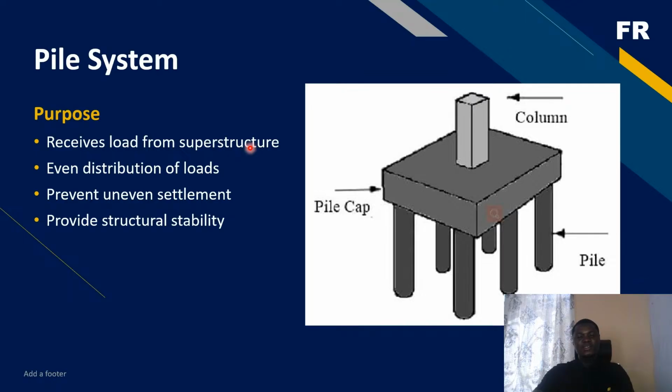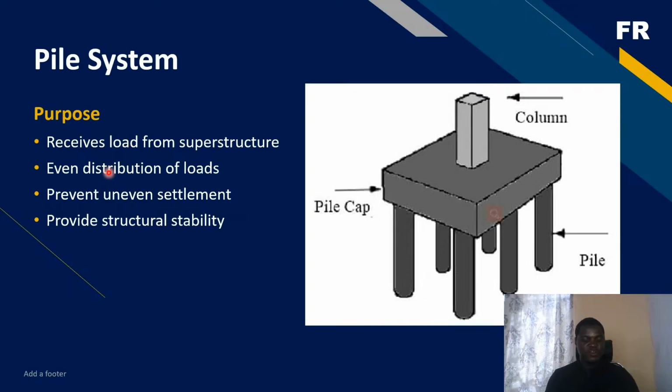So that is the reason why the pile cap is important. When your pile cap is properly done the way it should, then your load will be as even as possible. So that is why we said one of the purposes of the pile cap is to evenly distribute loads from the superstructure to the piles themselves.